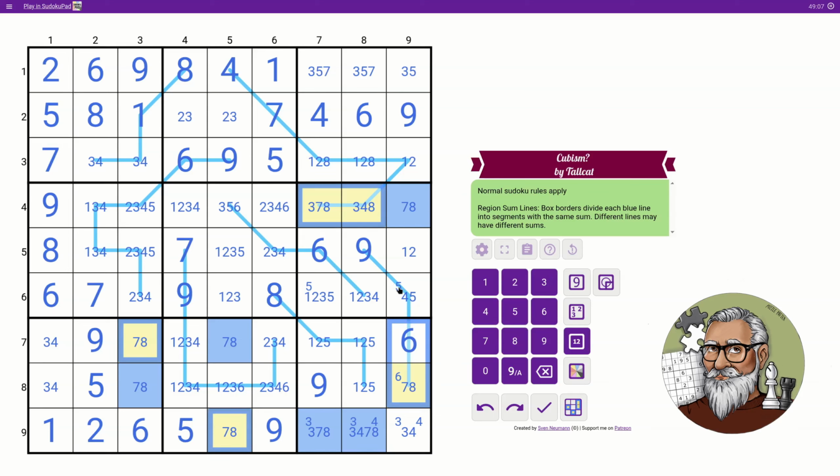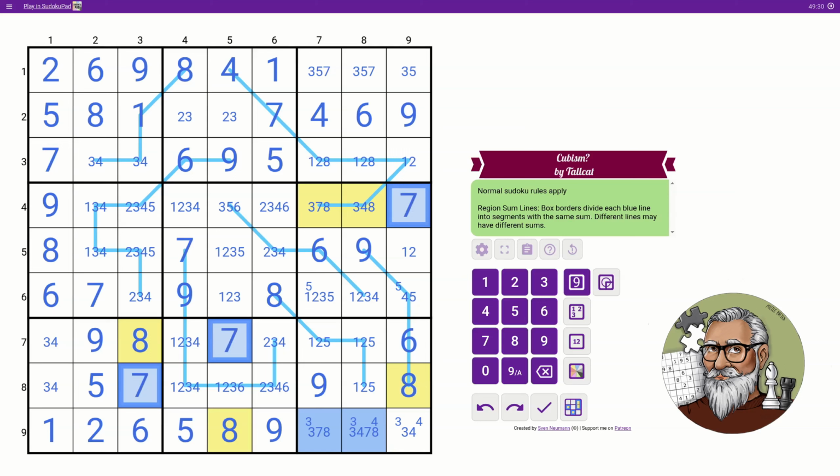But this would mean that we need a 7 there as well, and the 7 would need a 4 to add up to 11. But we've already used the 4, so this can't be 7. This is 8. Okay, it did. I mean, the coloring wasn't for nothing. Maybe it was. Maybe this was easier to spot without doing all of that, but hey.